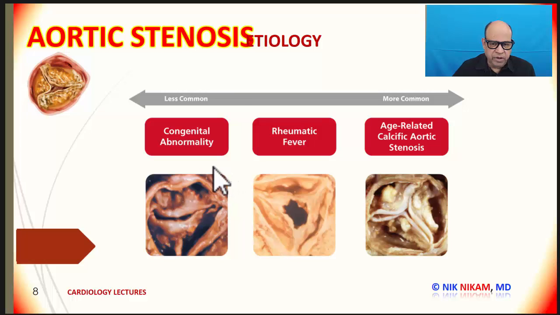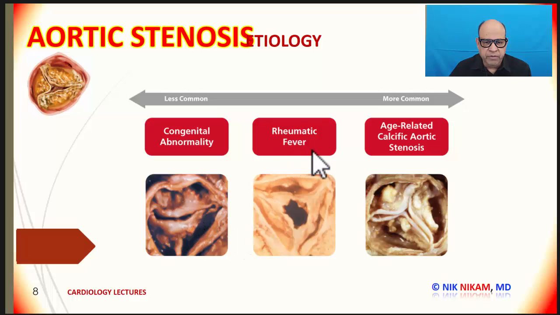Now let's look at some other differences in various types of aortic stenosis. In the congenital abnormality, generally the most common of which is the bicuspid aortic valve, we may see a fish mouth opening of the aortic valve, along with thickening of the edges and some degree of calcification. There may also be evidence of a fusion of two of the leaflets to form a bicuspid aortic valve.